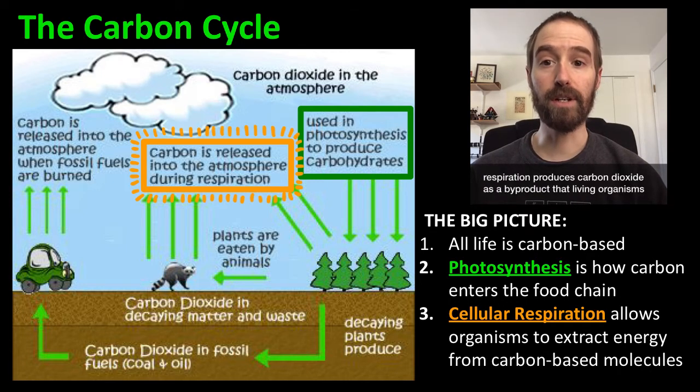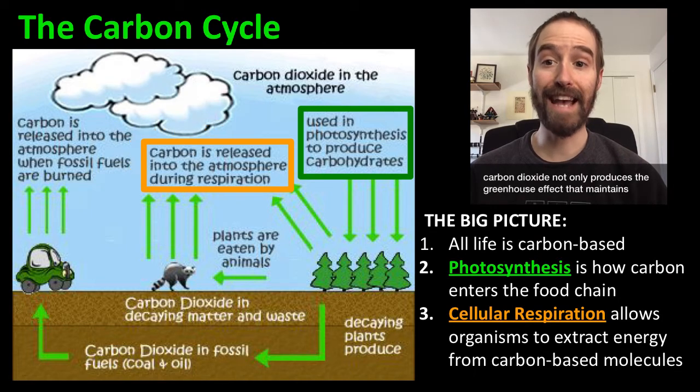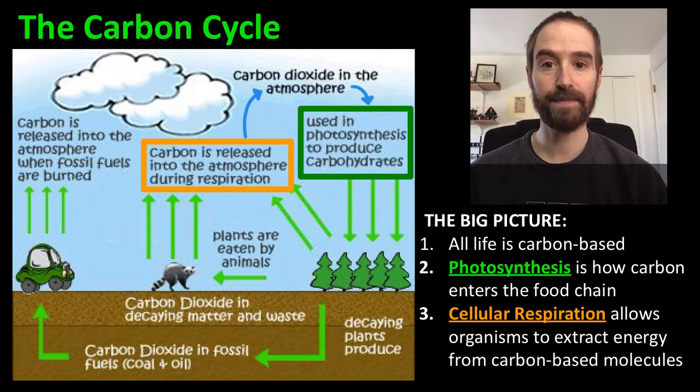Cellular respiration produces carbon dioxide as a byproduct that living organisms excrete back into the atmosphere when we breathe. In the atmosphere, carbon dioxide not only produces the greenhouse effect that maintains Earth's temperature range, but can also be used again by primary producers in order to produce carbohydrates via photosynthesis.